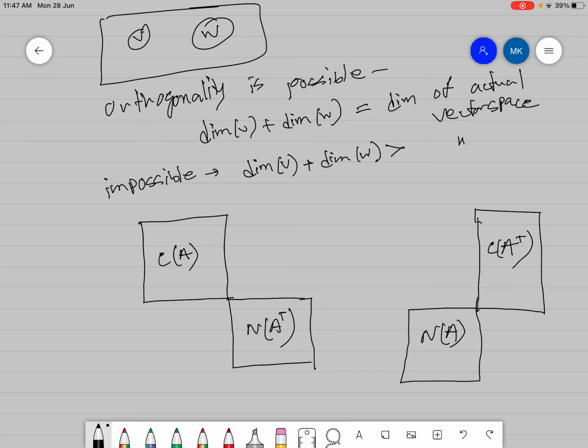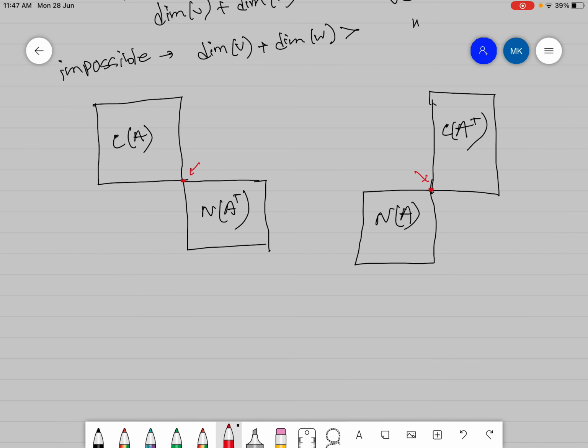The meeting point here is this one. So 0 is the only point where the null space meets the row space, and these actually meet each other at 90 degrees. Okay, why?